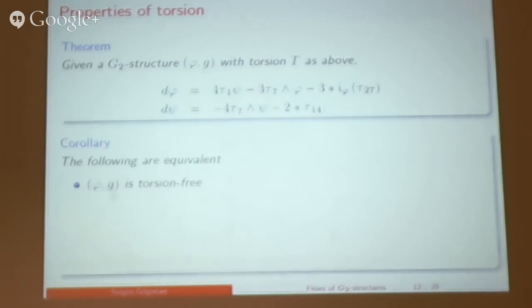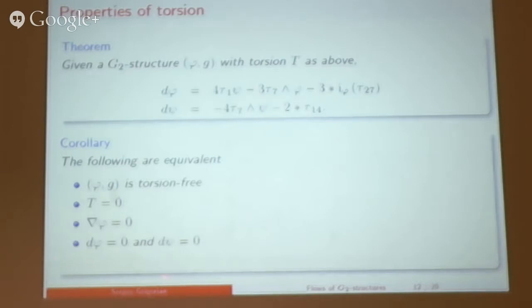From this, we get the following corollary. The first one is really just a definition: the G2 structure is torsion-free if the torsion tensor vanishes completely. This is also equivalent to saying that nabla of phi is equal to 0.